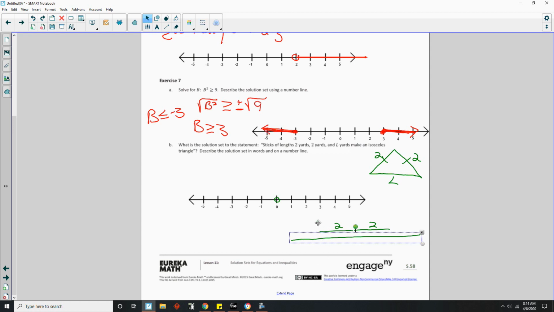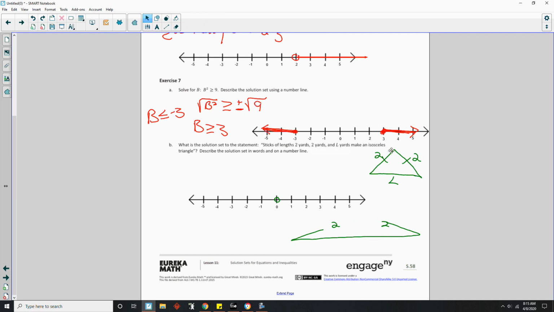If I move this over here and rotate this and move it over here, see how they don't reach? I can't make a triangle.